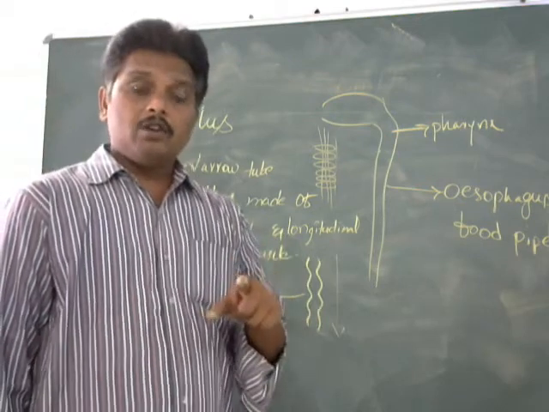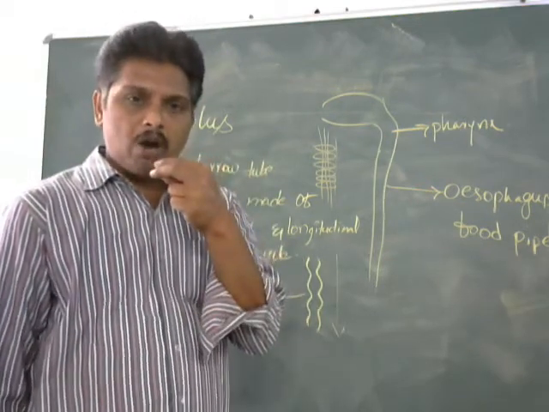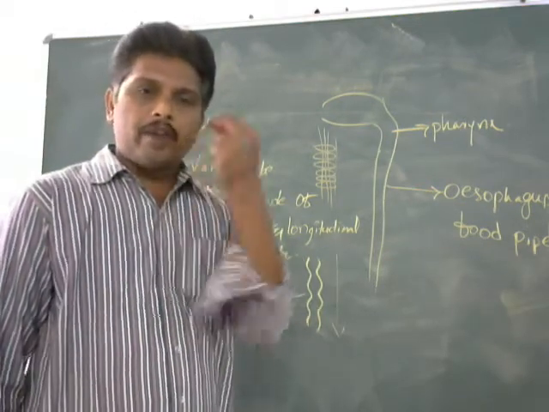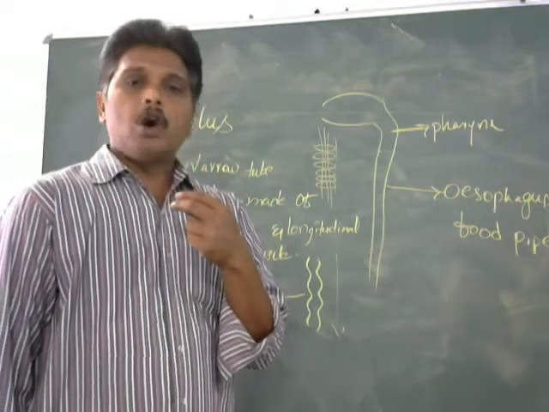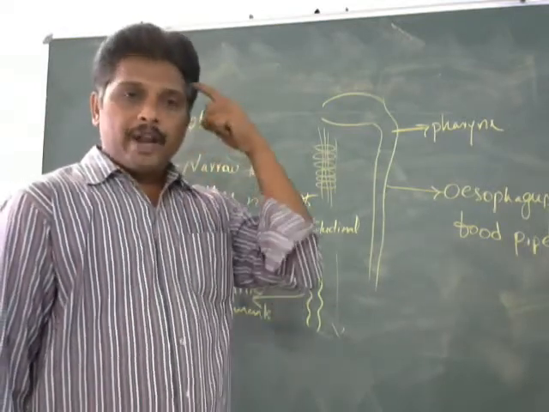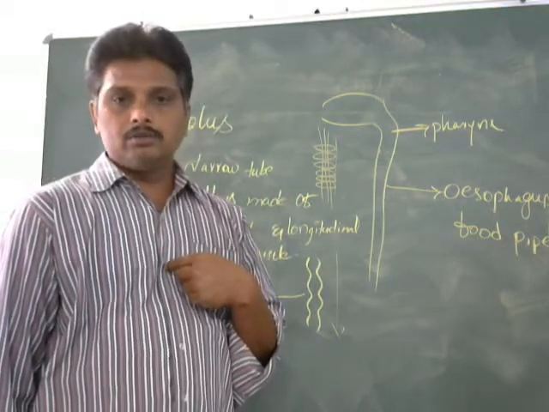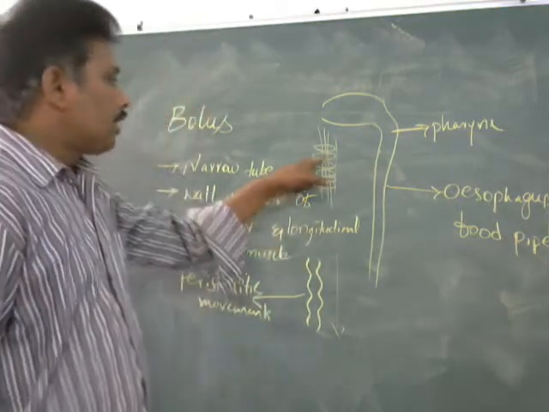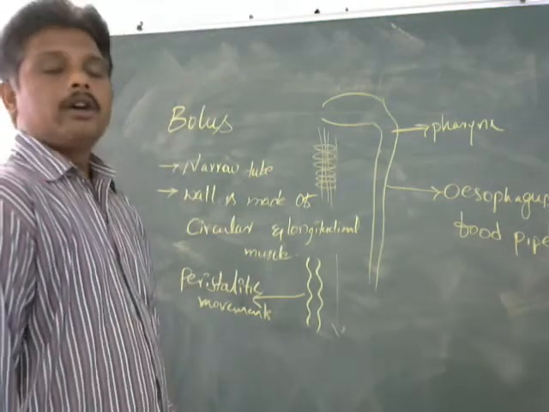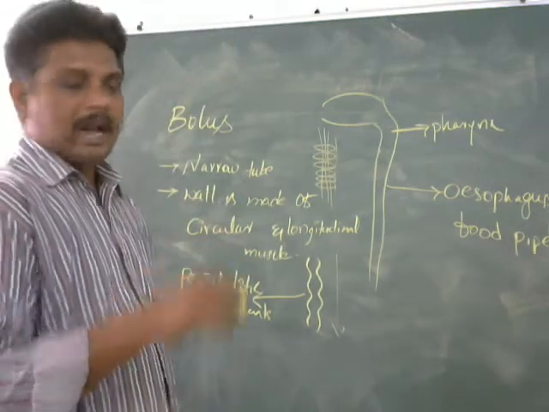But whenever you ingest food into the mouth and you are chewing, the brain gives instruction to the esophagus to get ready for the food. Accordingly, the longitudinal and circular muscles contract.